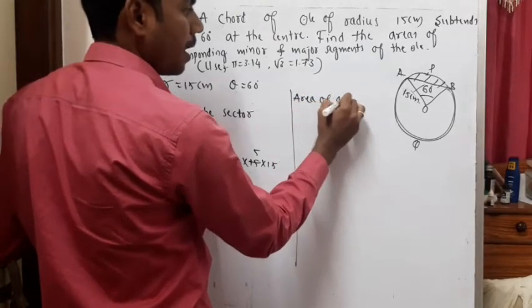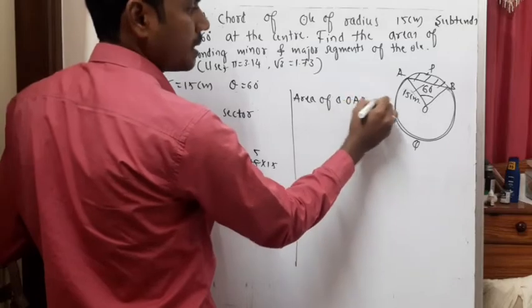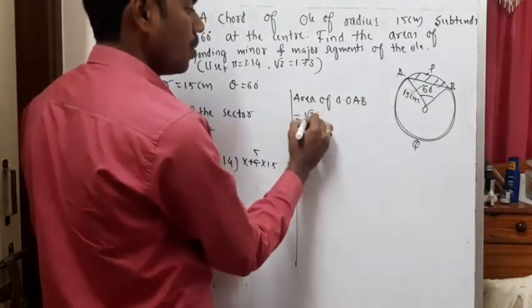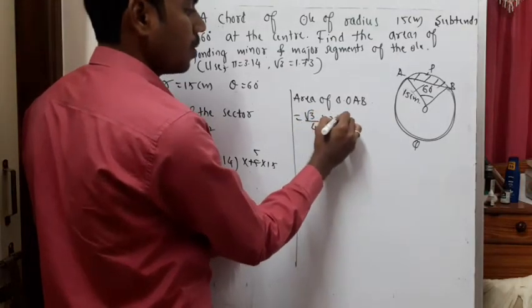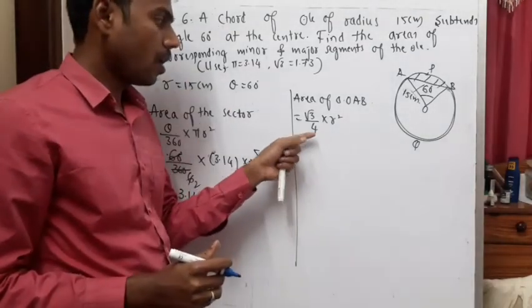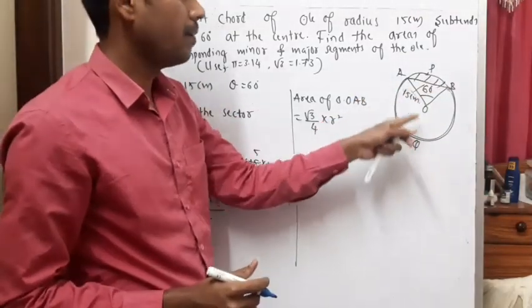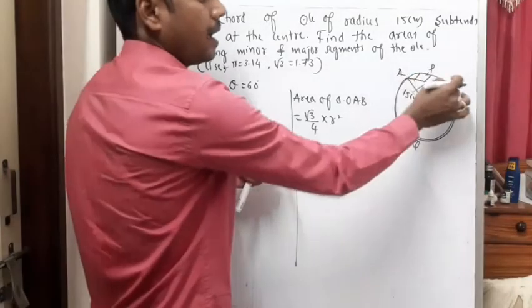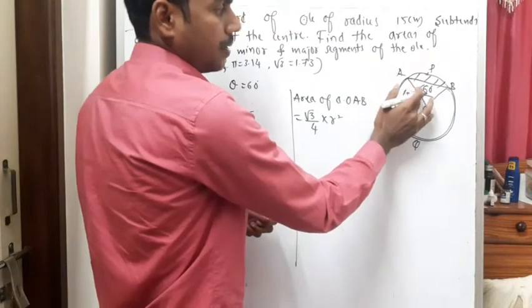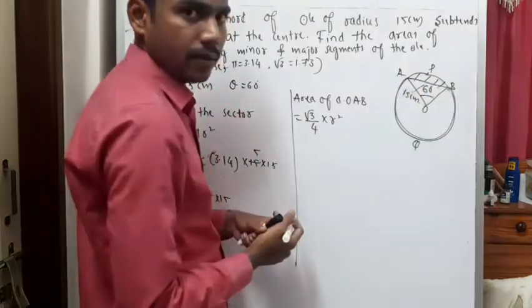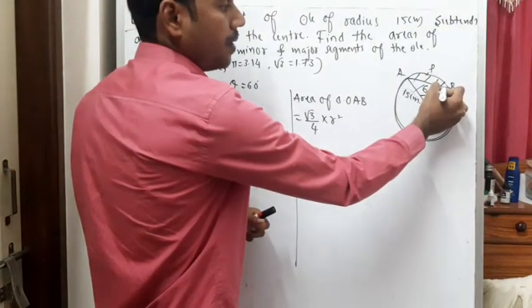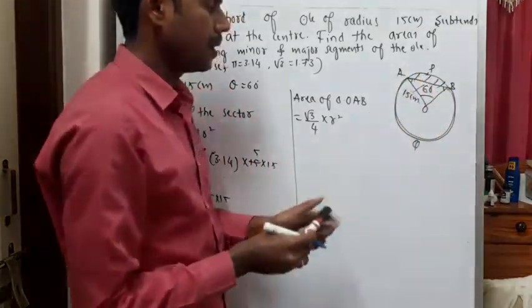Area of triangle OAB, since 60 degree is there at the center, is equal to root 3 divided by 4 into r square. I told you in the last problem we found the area of triangle OAB when the angle is 60 degree. All the angles will be equal to 60 degree, because since it is 60 degree at the center, these two angles are equal.